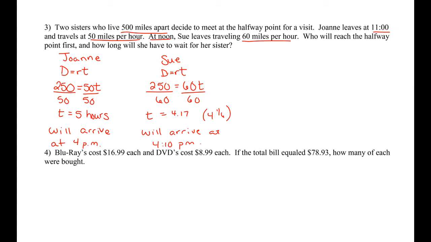So we want to know who will reach the halfway point first. That would be Joanne. It also asks us how long will she have to wait for her sister, and that's going to be by 10 minutes.